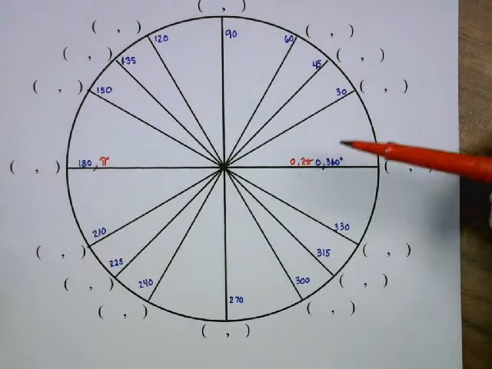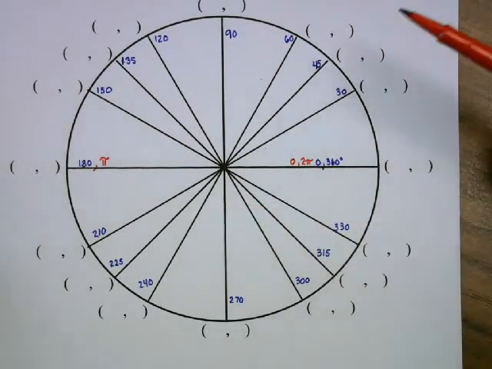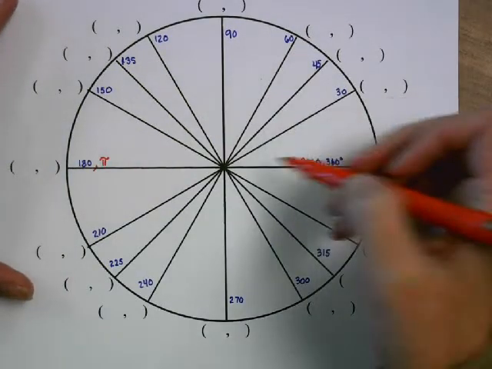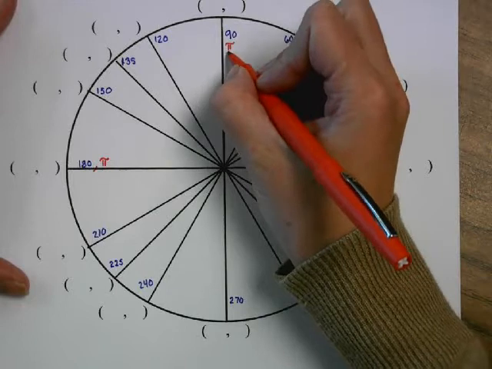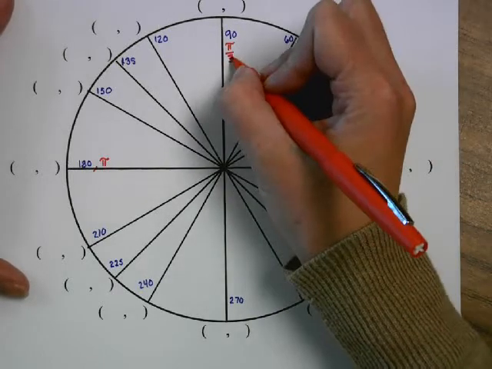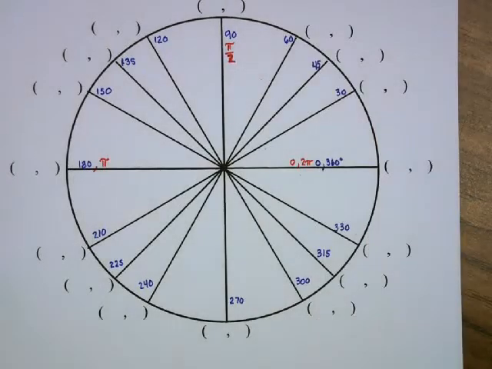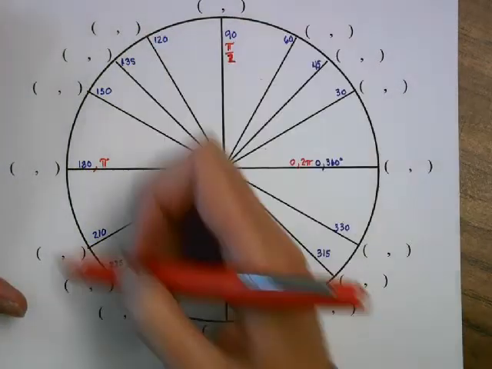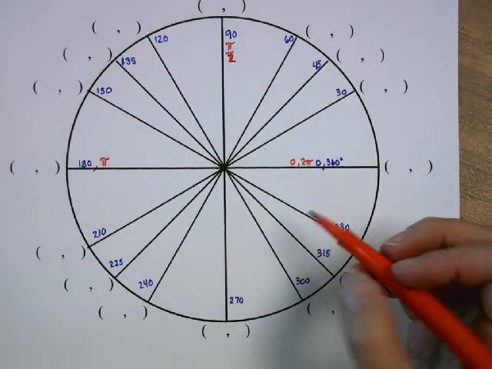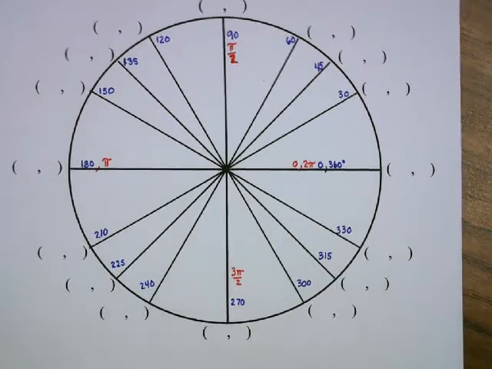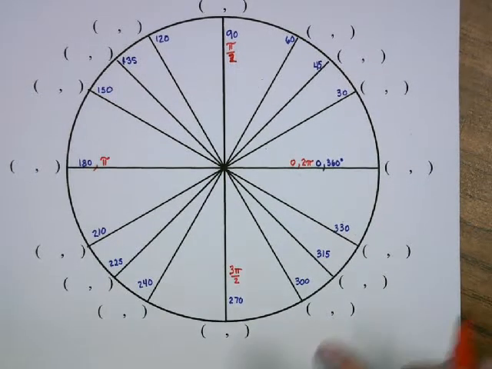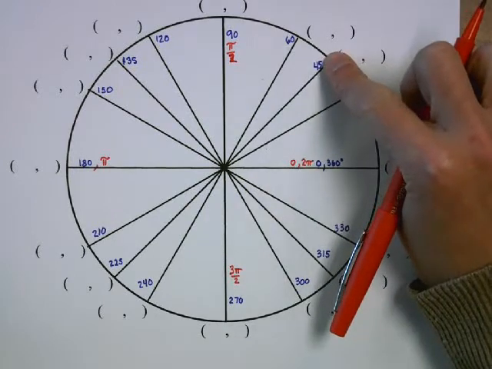Then we're going to fill in the quadrantals. So the quadrantals are the top and the bottom and the sides. So if this is pi, this would be half of that, which we will call pi over 2, which makes this here 1.5, or 3 pi over 2. So those are the quadrantals. I'm going to then do all the 45s.